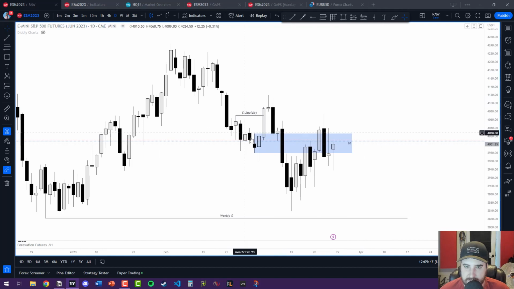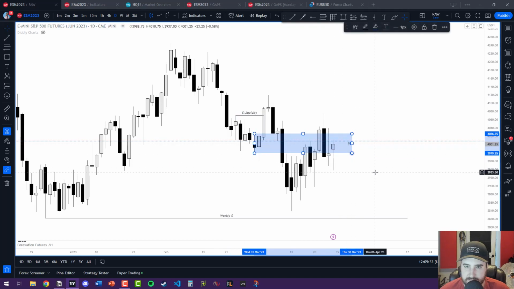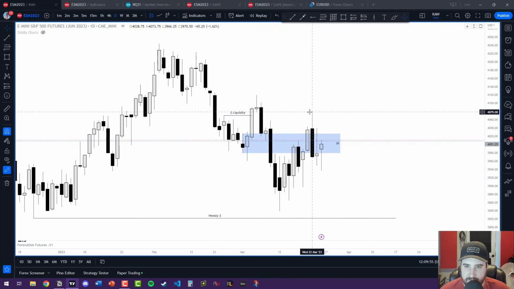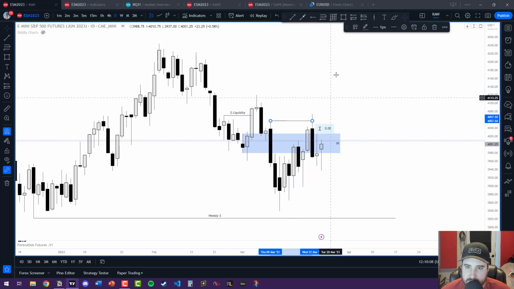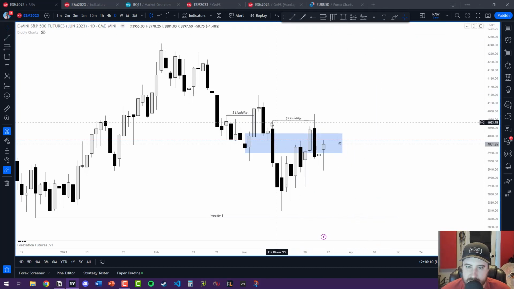That took out the liquidity, so that turns this into a breaker block. We went through it, came down, and back into it. It could continue to be respected, or because we violated it and took liquidity, that's also a signal we may be continuing down.